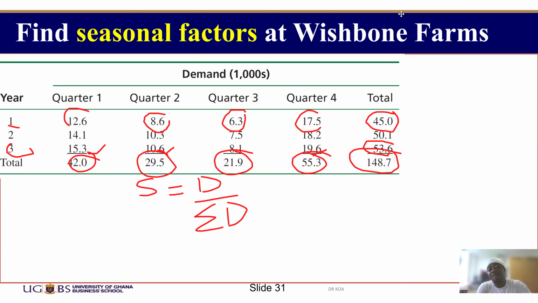So who can tell me how the first one will look? If you want to calculate the seasonal factor for season one, so if you want to calculate S1, it will be what divided by what? This one I need an answer. It will be what divided by what?